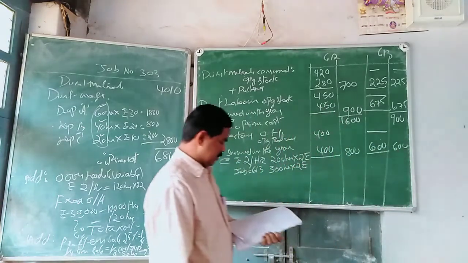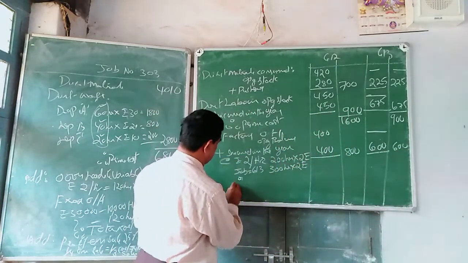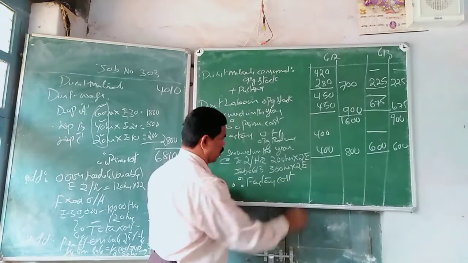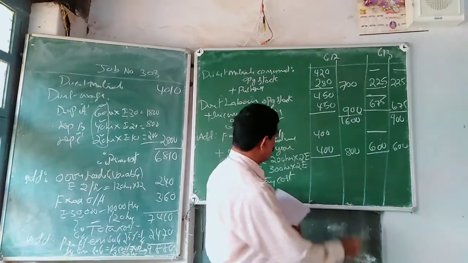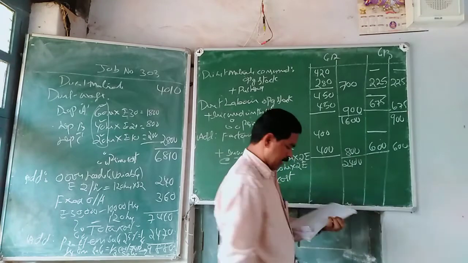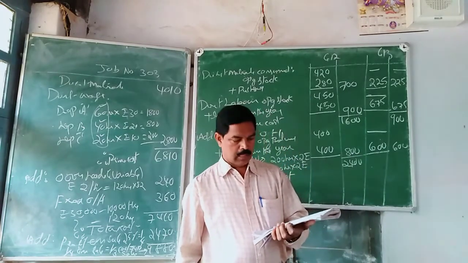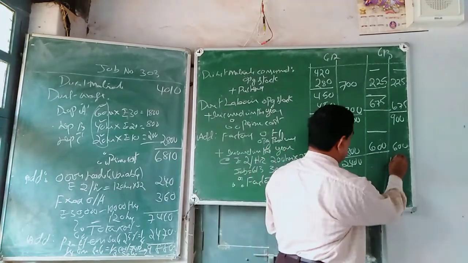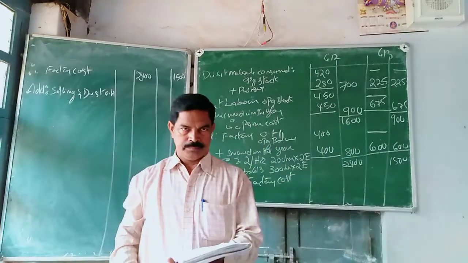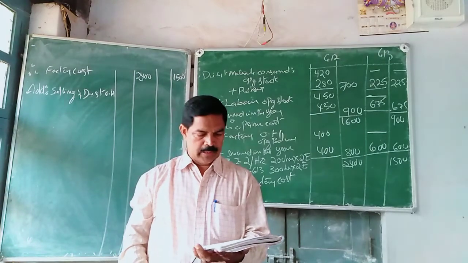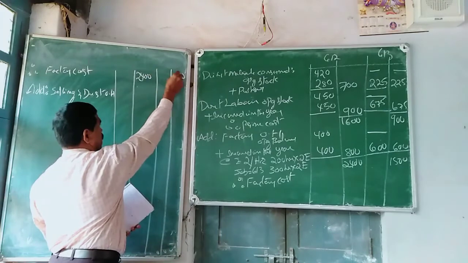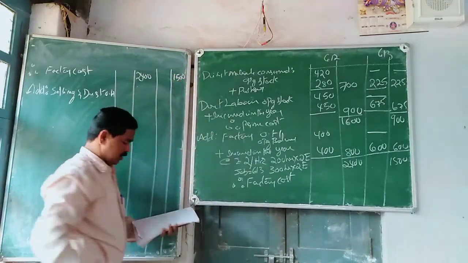After adding this, we will get the factory cost. Factory cost for 612 is 2,400, and for 613 it is 1,500.